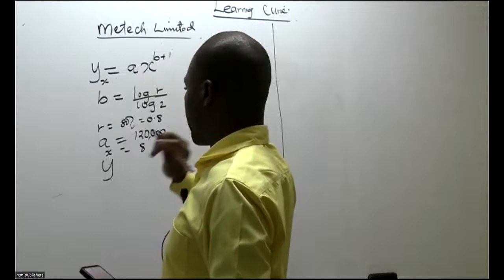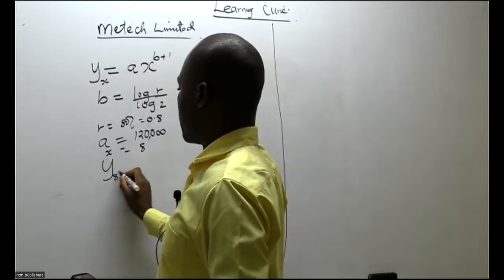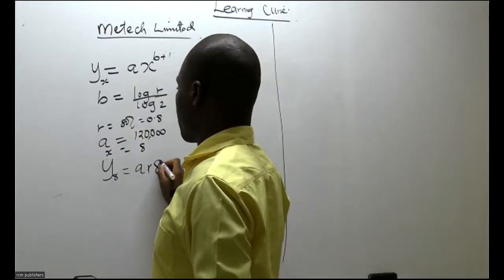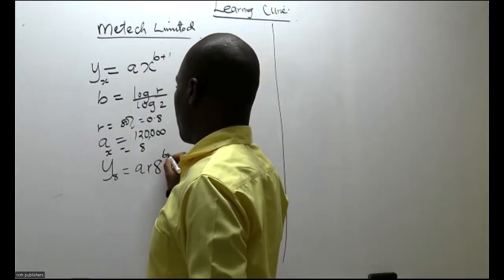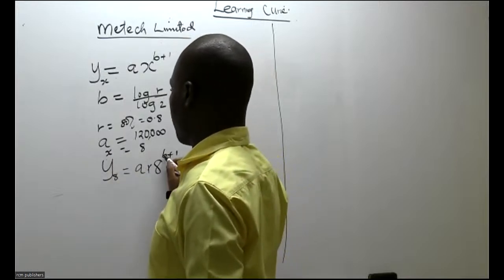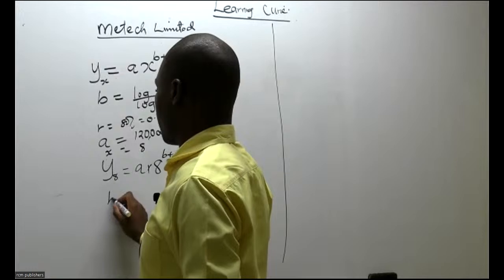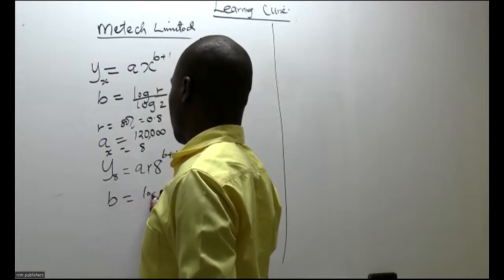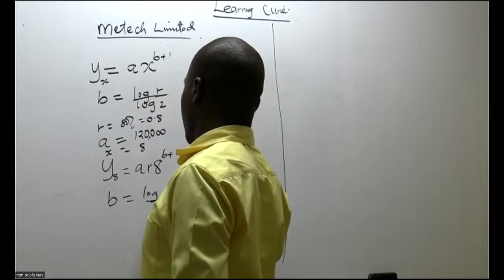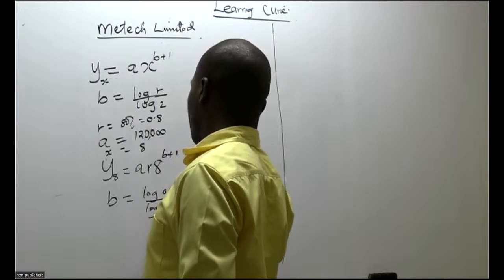So with x of 8, our y at 8 will be equivalent to a times 8 raised to power b plus 1. So let's get the value of b. We know very well that b is equal to log r, which is 0.8, divided by log 2.